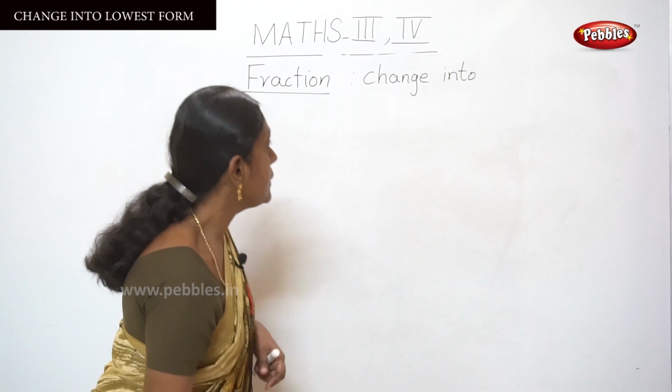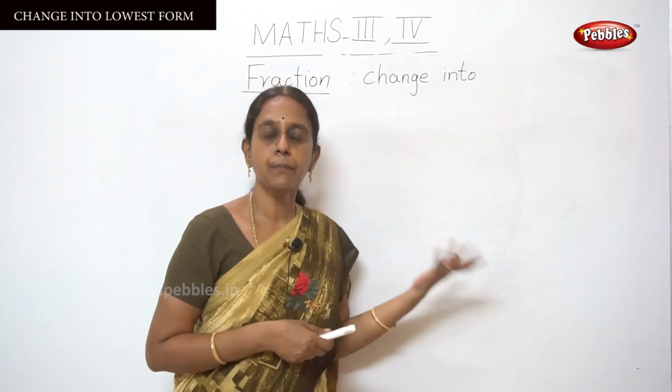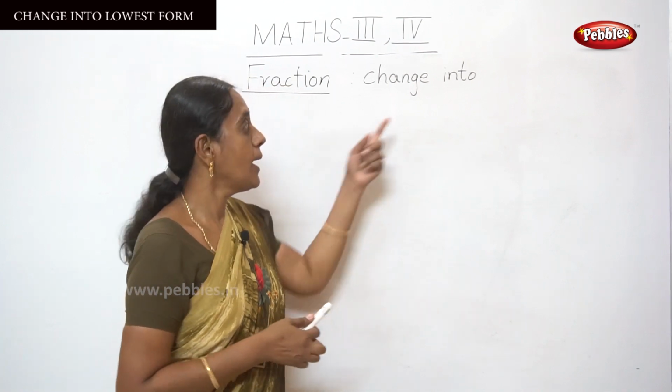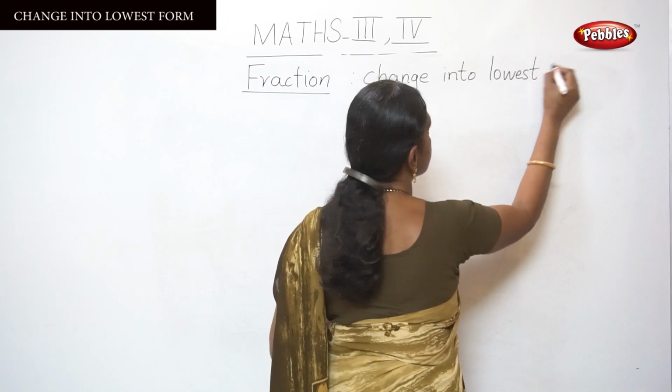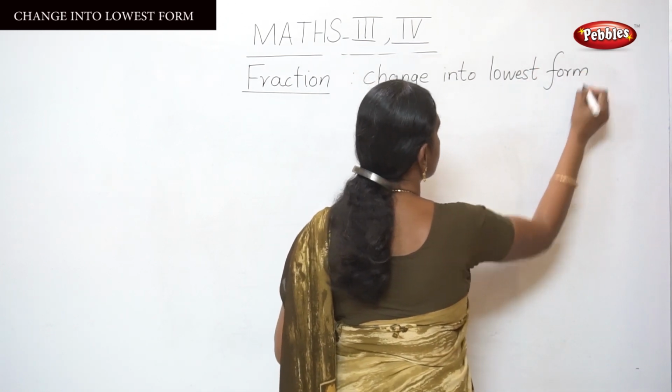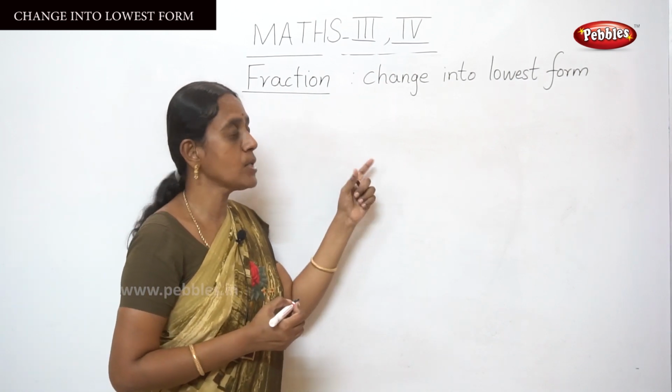Today we are learning how to change into improper, change into mixed, and change into lowest form. In fractions, same heading. So how do we change to the lowest form?